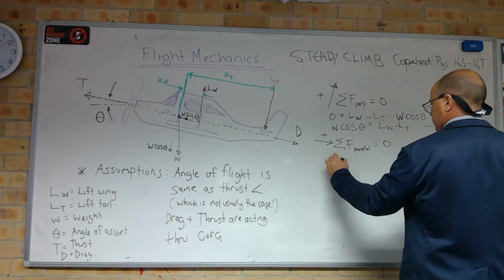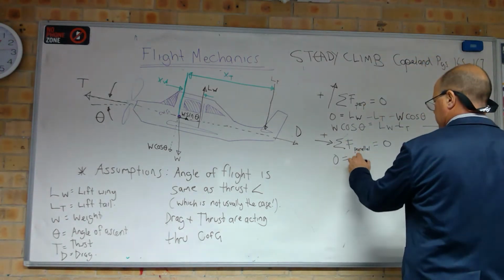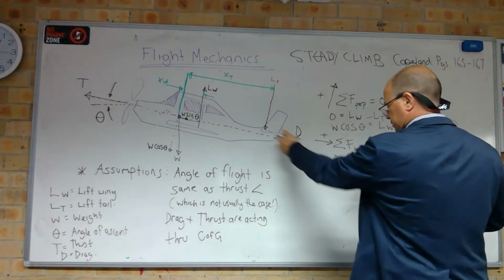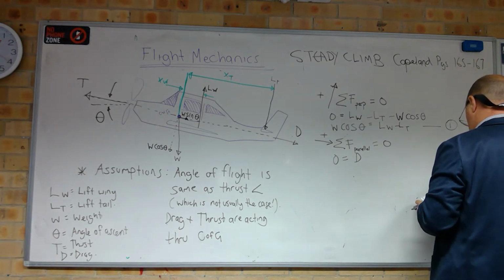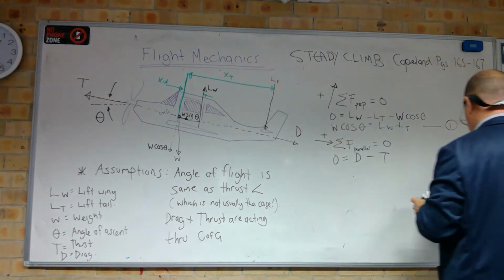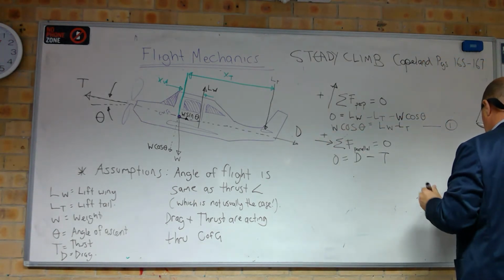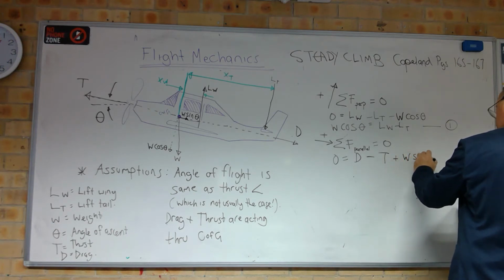And we end up with 0 equals drag, because drag is acting to the right, so it's positive, minus the thrust, because it's going to the left, plus W sine theta.